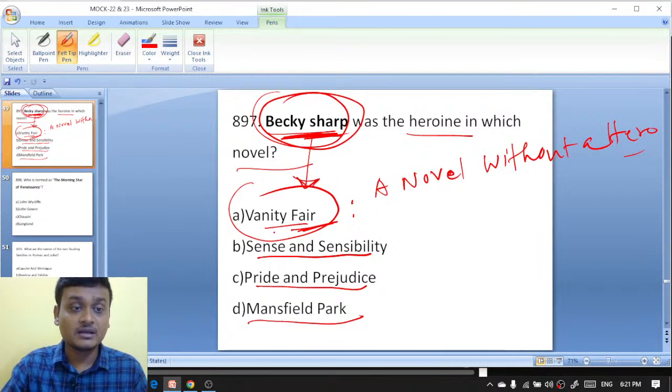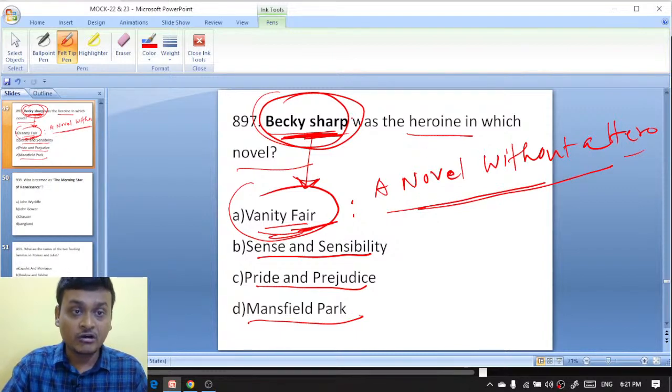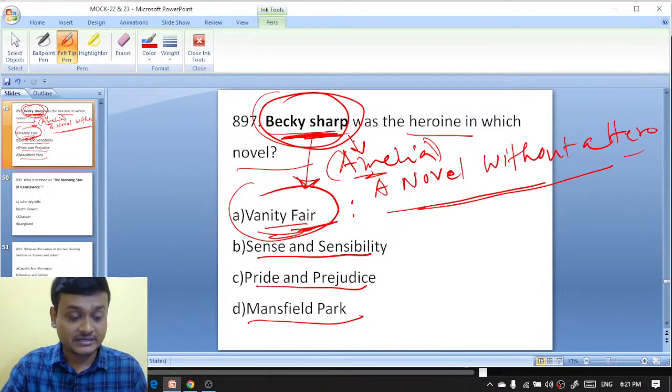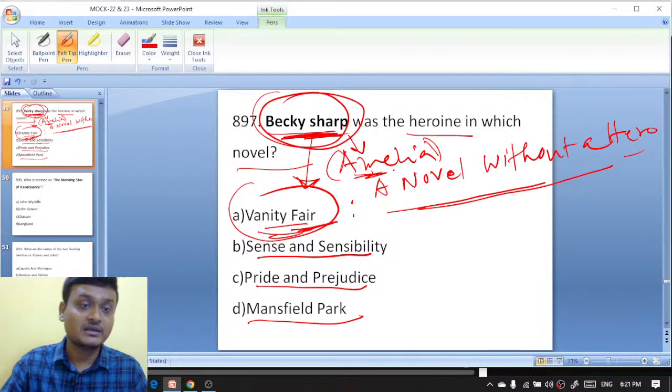Becky Sharp is the main protagonist of this novel. Another character is Amelia, and they are opposite characters: Becky Sharp is a bad character, whereas Amelia is a good character.